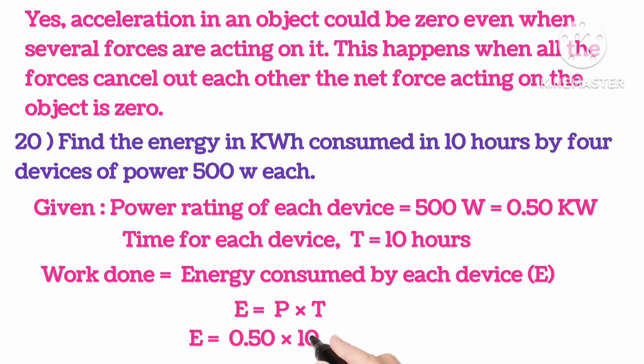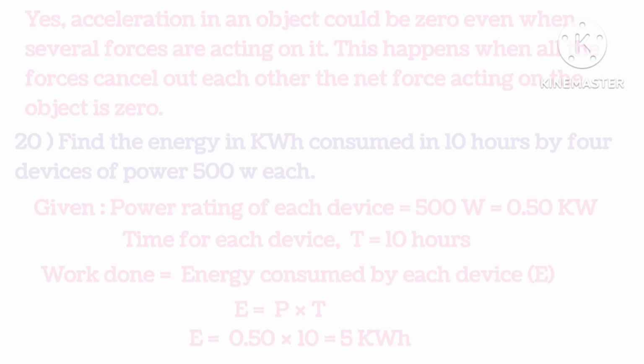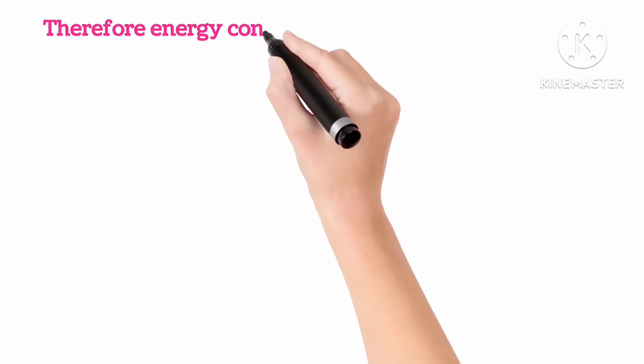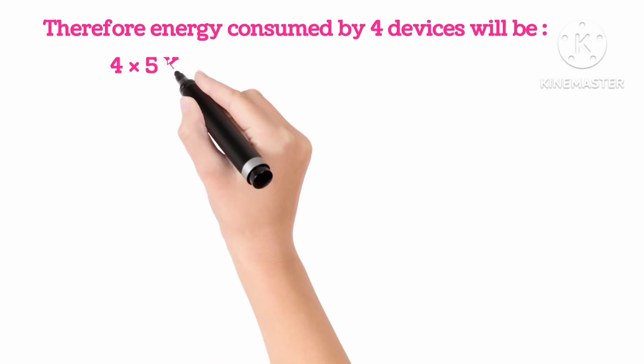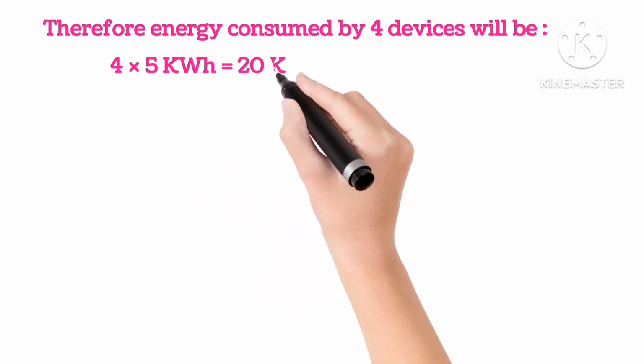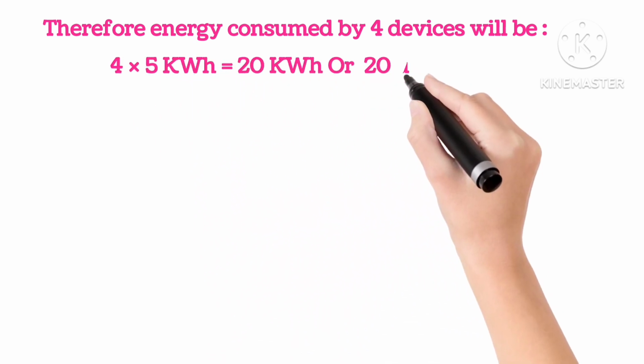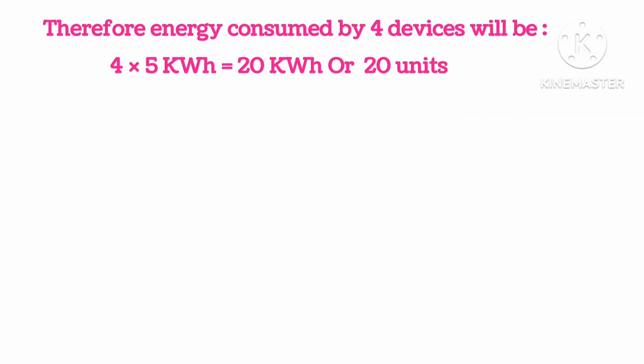Putting the values, we get 5 kilowatt hour. Therefore, energy consumed by 4 devices will be 4 multiplied by 5 kilowatt hour, that is 20 kilowatt hour or 20 units.